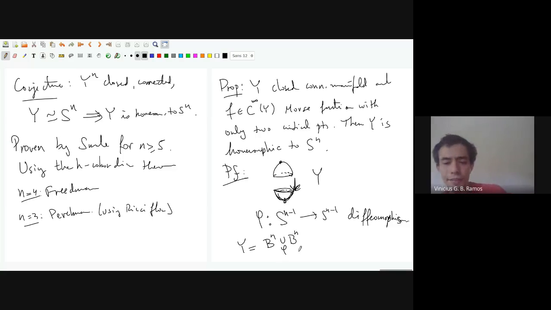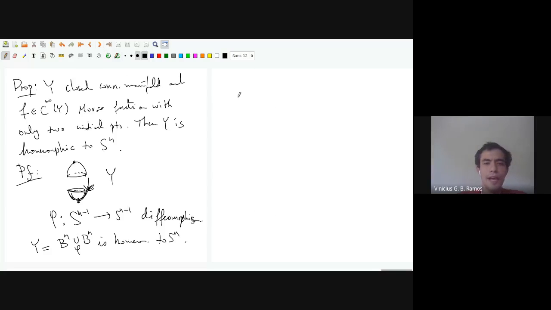So now, what you have to see is that any such thing is homeomorphic to Sn. So what you do is you take this phi and you extend it all the way to the ball. You know how to glue phi to this, and then you have to extend it to be able to glue the whole disk to here.